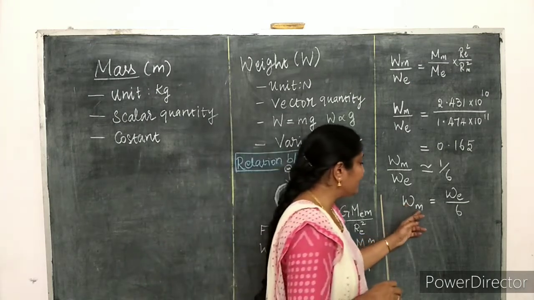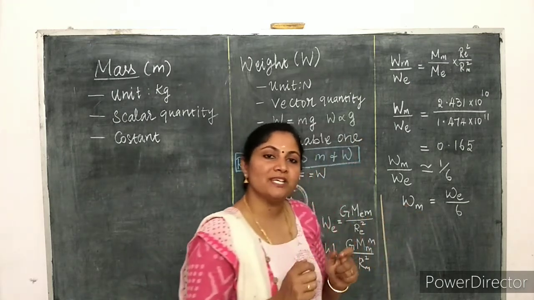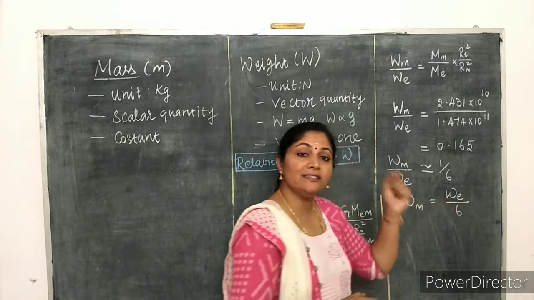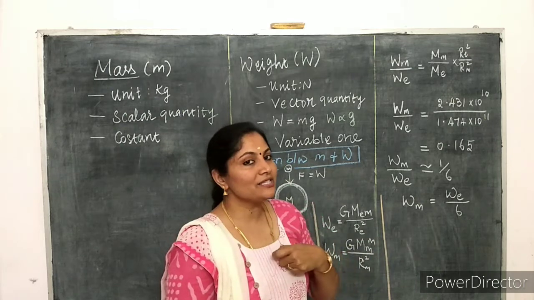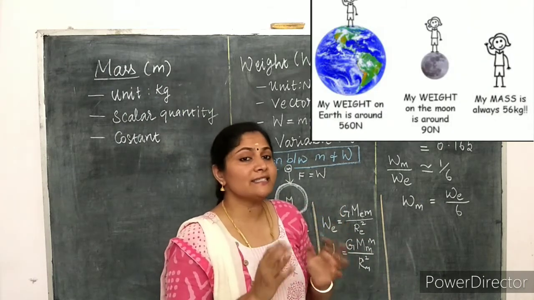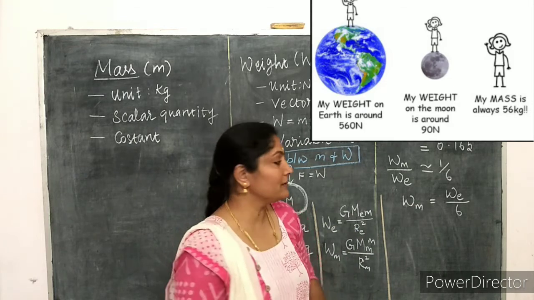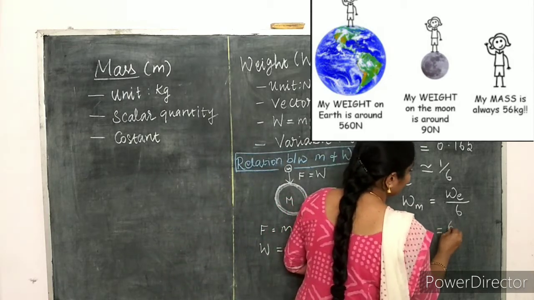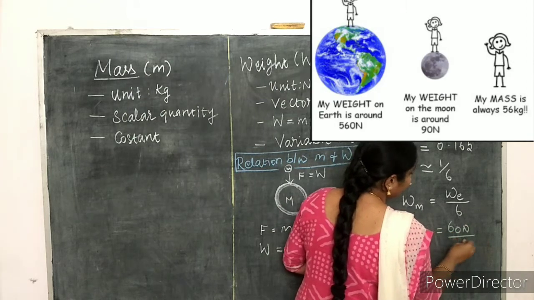So what is Wm? The weight of an object on the moon is equal to the weight of the object on earth by 6. So see here, if we take the weight of an object on earth as 60 kilogram, sorry, 60 Newton, then it is equal to 60 Newton by 6.